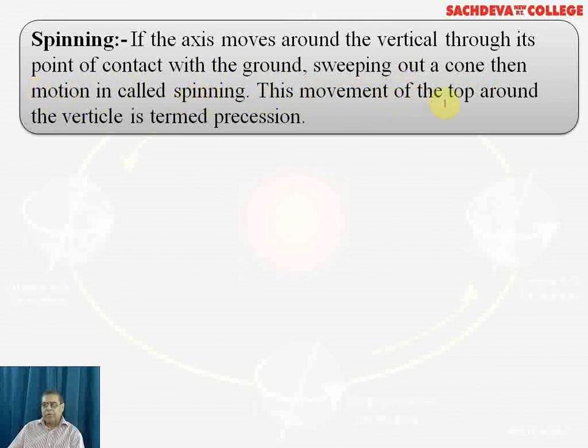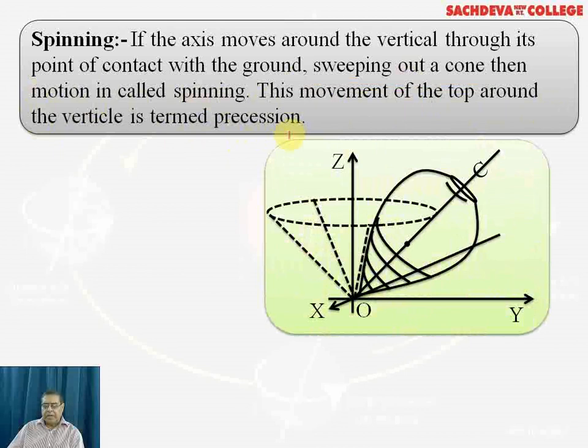This movement of the top around the vertical is termed precession. Now we can just see here a top is spinning about its own axis, and the point about which the axis is moving is origin, that is O, and the spin is considered in three dimensions, the x, y, and z directions.